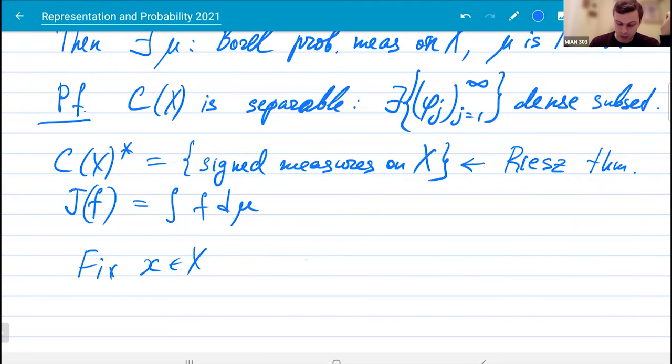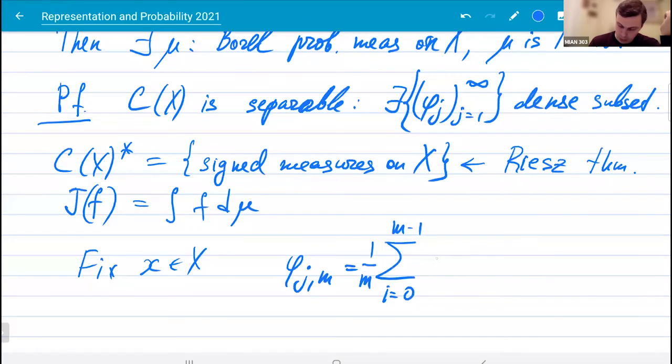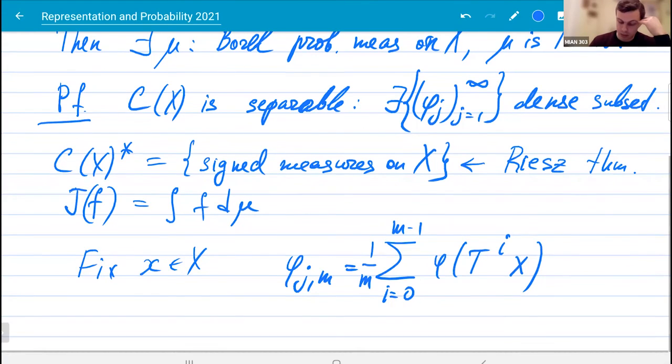So we can consider, let's say, phi j m, which is just a number. Yes, it's a number, and it is 1 over m of the sum of all this. These are sequences.